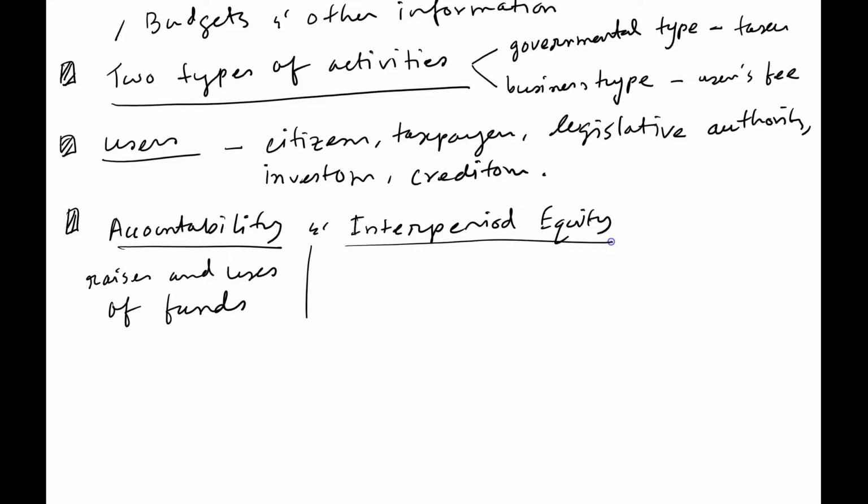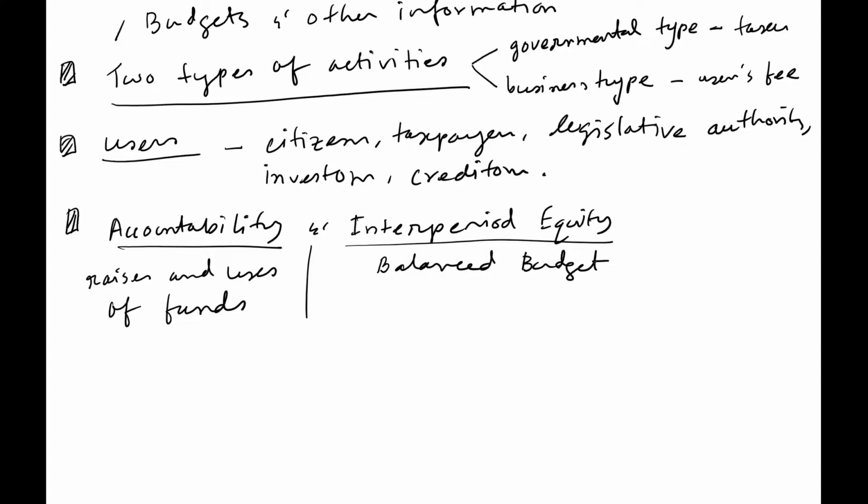Now, what do we mean by inter-period equity? This focuses on internal information, that means the budget, and whether the governmental entity is preparing a balanced budget. At the end of the period they can compare how much was budgeted and how much they actually spent on every item.